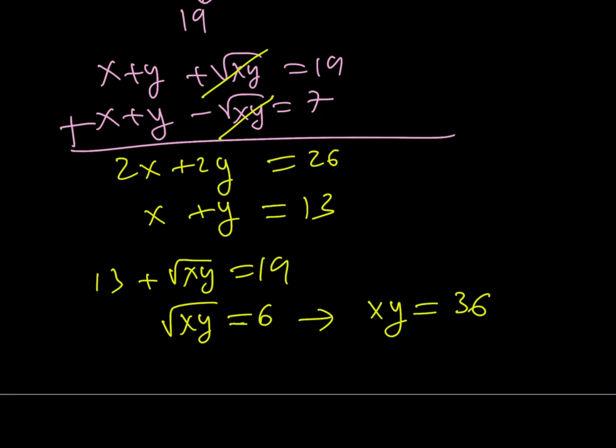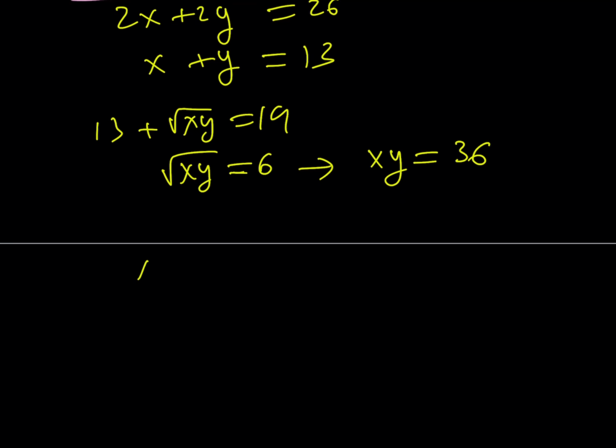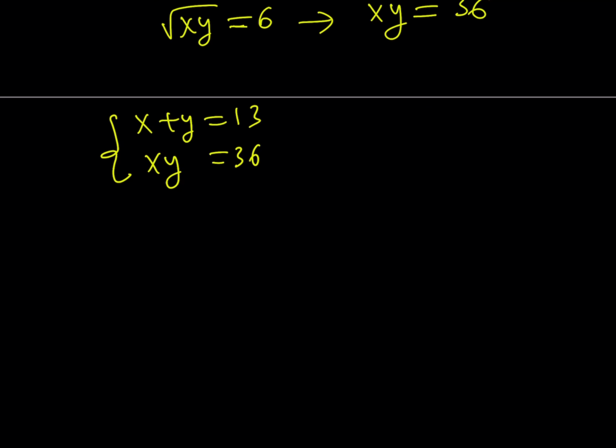Great. So now we get the system x plus y is equal to 13, and xy is equal to 36. So you're looking for two numbers whose sum is 13 and whose product is 36. And as you know, those numbers are 9 and 4 or 4 and 9.